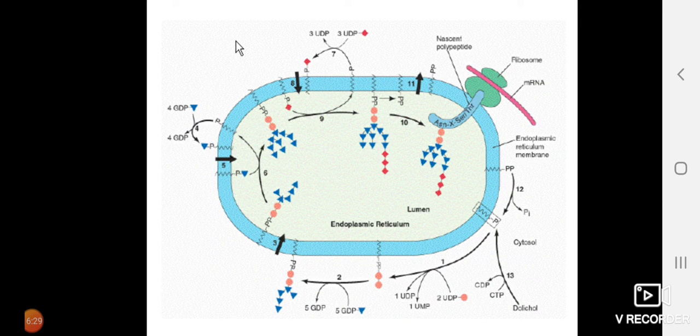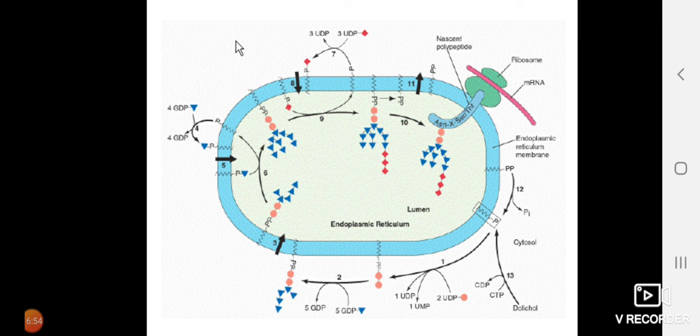This is the overall picture of what takes place in the endoplasmic reticulum. You can see from the dolichol how the changes take place, from the bottom side, the 12th step.